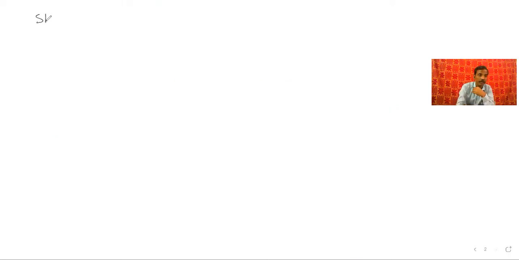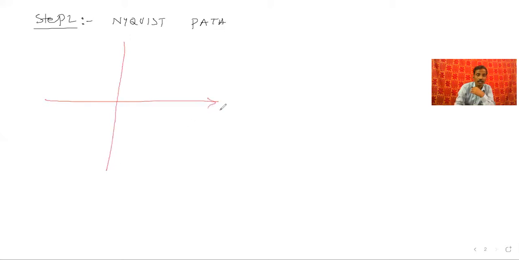Second step, Nyquist path. What is the Nyquist path? Just draw. This is the real axis. This is imaginary axis.